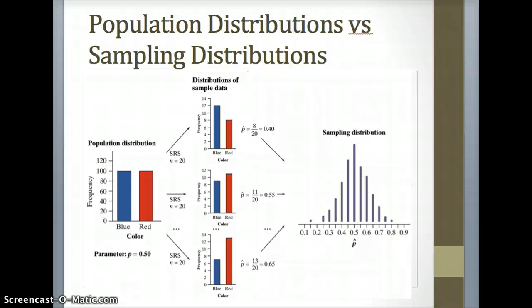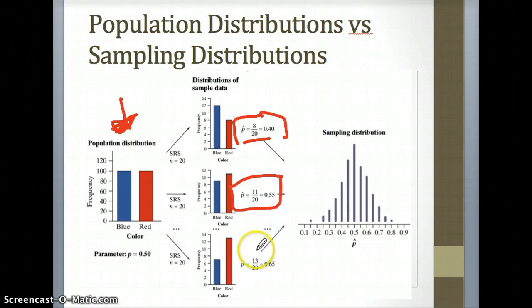So this is kind of what we were doing before. Assuming that this is the distribution here, let's say that you have 100 red and 100 blue chips. One possible sample of 20 could have given you 8 out of 20 for your sample proportion. The next could have given you 11 out of 20.